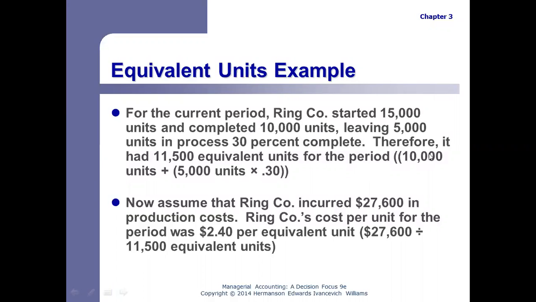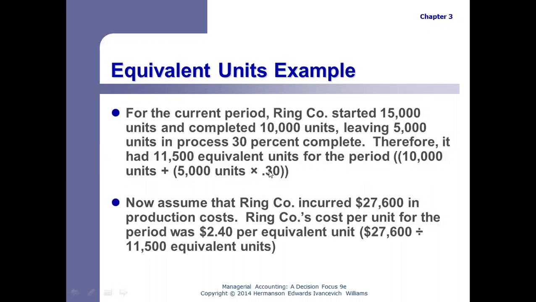Okay, so the 10,000 that are totally done, that's 10,000 equivalent units. The 5,000 that are 30% done are equivalent to 1,500 fully completed units, 5,000 times 30%. So that's a total of 11,500 equivalent units. Again, if you're done with them, that's 100% equivalent.